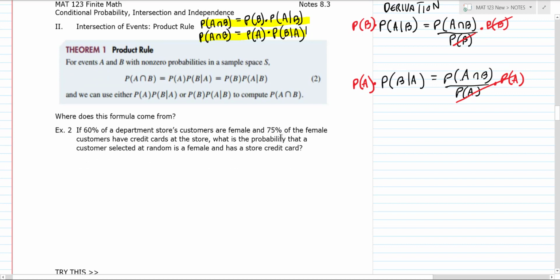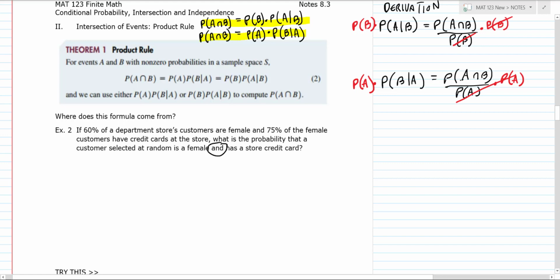So what I'm going to do is a couple of examples. I'm going to do example 2 and read this to you and see if you can kind of put this together. It says, if 60% of a department store's customers are female, and 75% of those female customers have credit cards, what is the probability that a customer selected at random is female and has a store credit card?